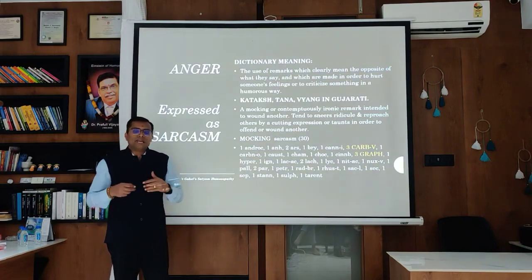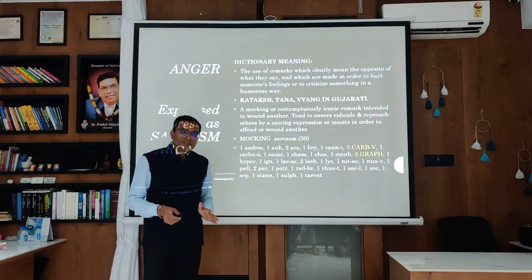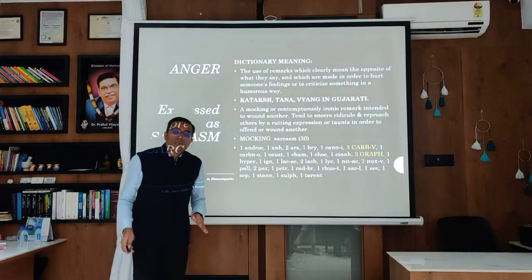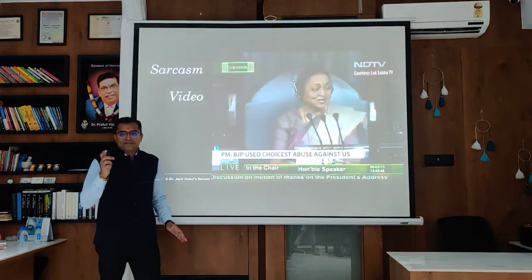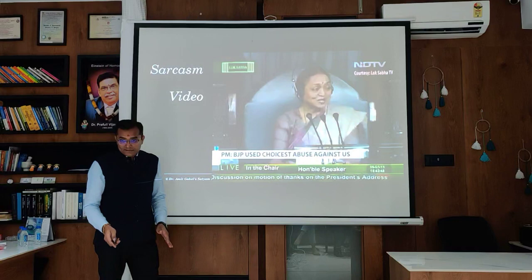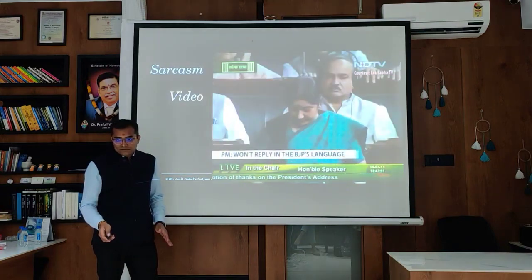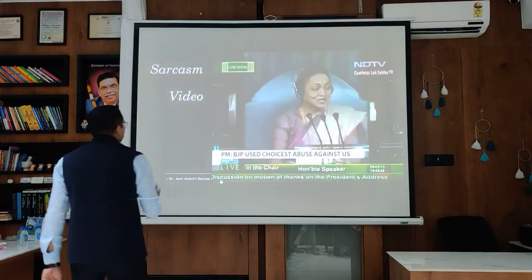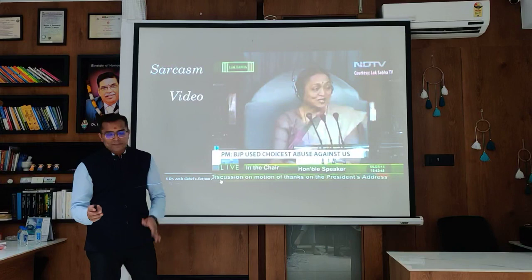They express their anger in terms of sarcasm and mocking. Are you getting me? So let's have some video examples of this. We have some video on understanding just a sarcastic speech.